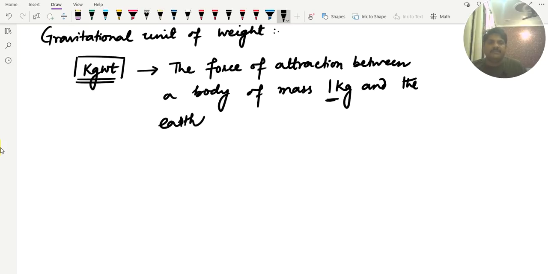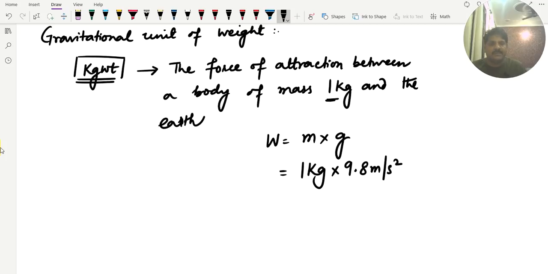If you take 1 kg mass, then weight is equal to m into g. So this would be 1 kg into 9.8 meter per second square. So this is 9.8 Newton.